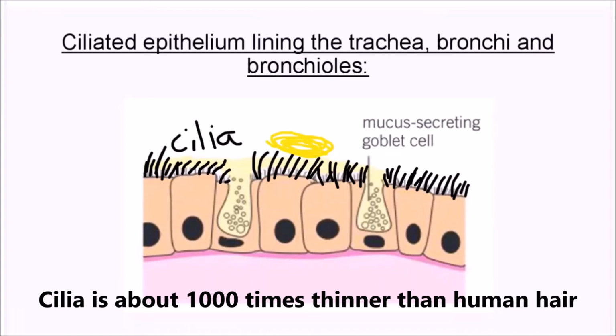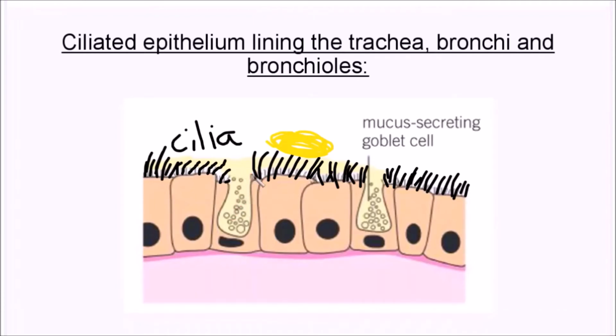So here, if we have some mucus coming out of these cells, these are the mucus-secreting cells, the mucus will come out and form a layer on top of the cilia. So here all this is mucus.